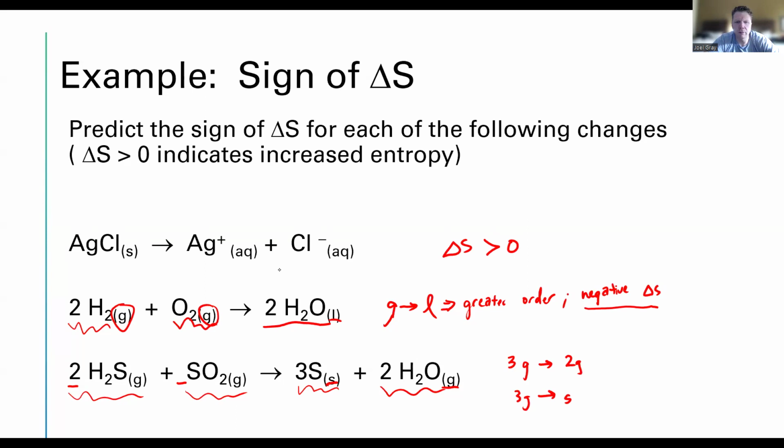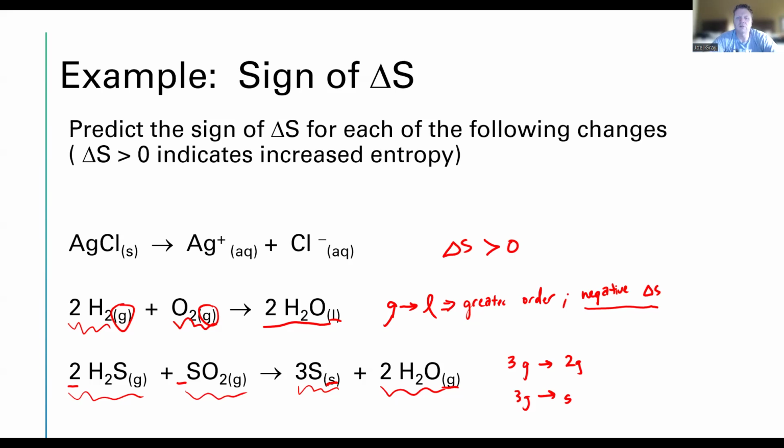But one of the tricky parts about this is that it's gaseous water. And the formation of that gaseous water can lead to an increase in entropy due to the increased molecular motion and disorder.